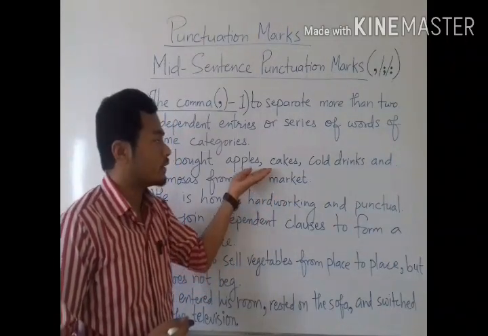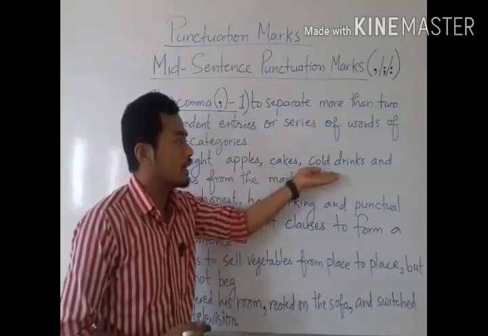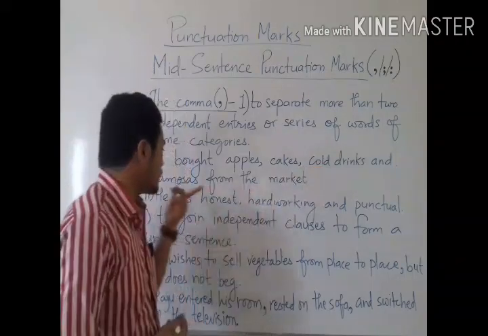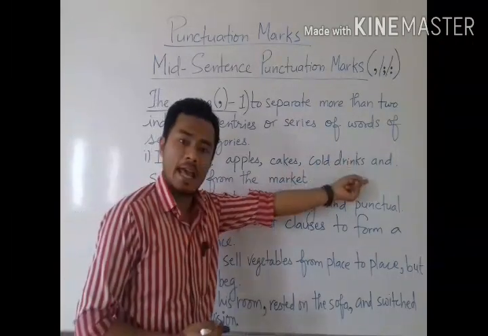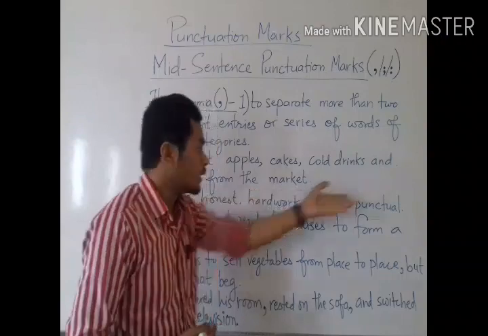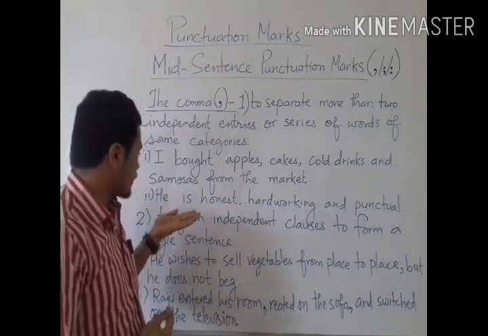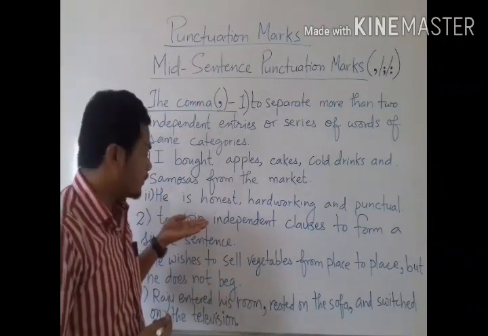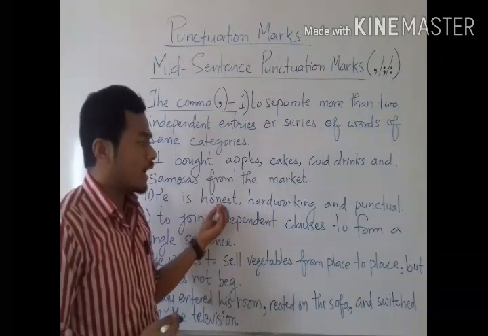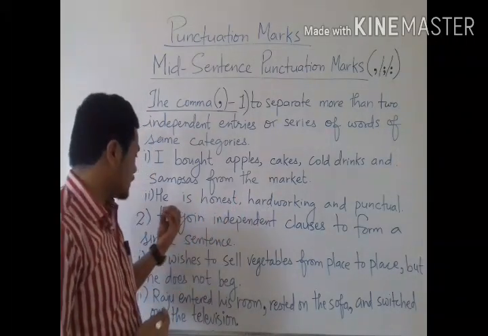Like here I have separated apples, cakes, cold drinks, but before samosas I have written and. Now here in the same case we have example number 2: he is honest, hardworking and punctual.